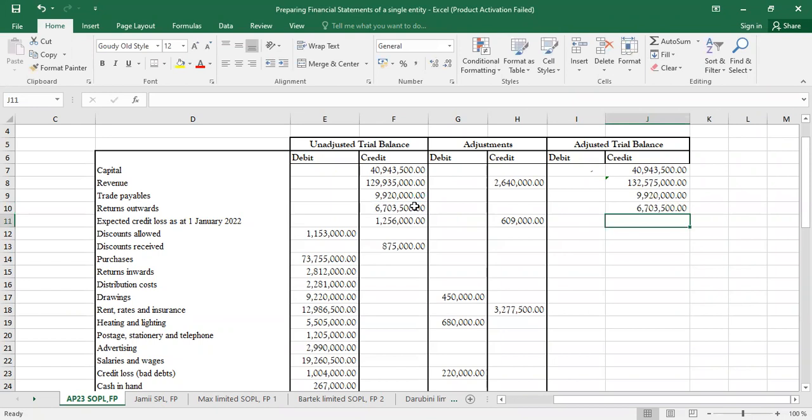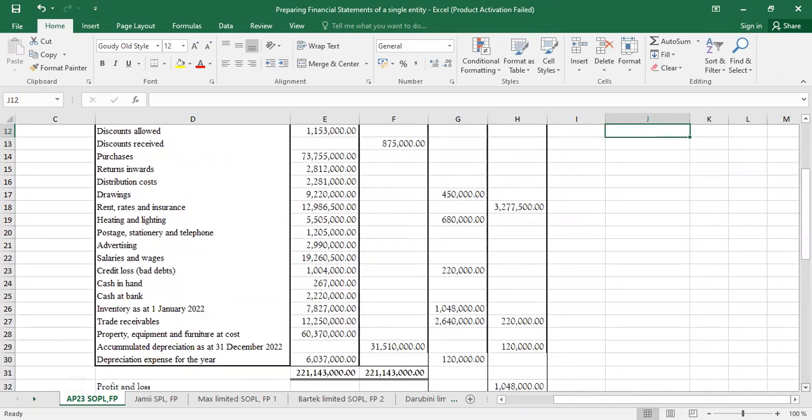Then for our expected loss, you can see that it had an adjustment, and both adjustments are on the credit column. That means we are adding. It was a liability, and it was overstated. And here you are just given this amount. You can check it in the question.